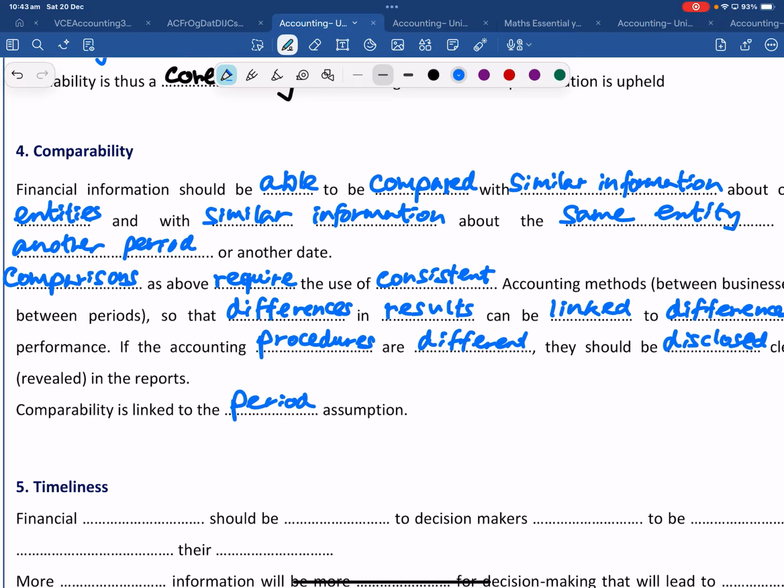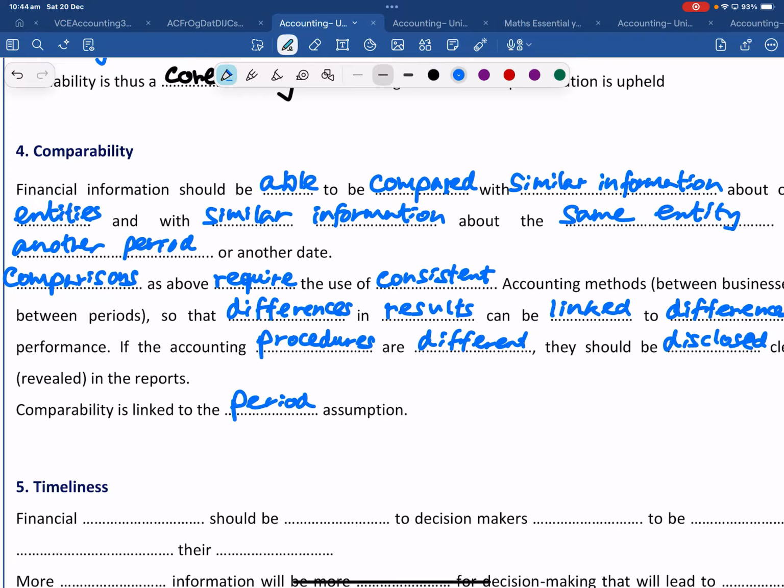And not only in the same business, we should be able to compare the information between two businesses as well. Let's say you two guys run two businesses, then if you follow the same accounting methods, procedures, practices, your two business information reports should be able to be compared.